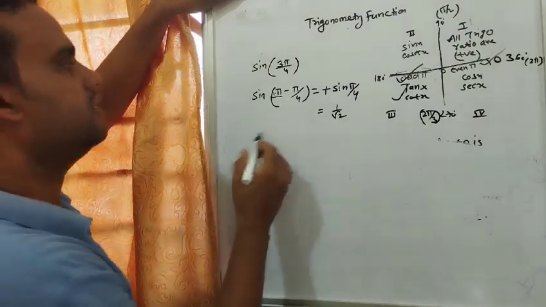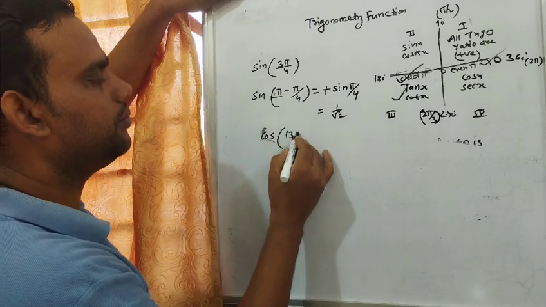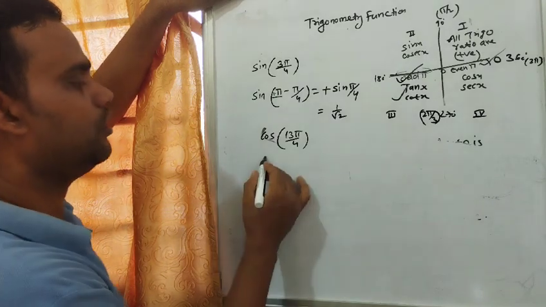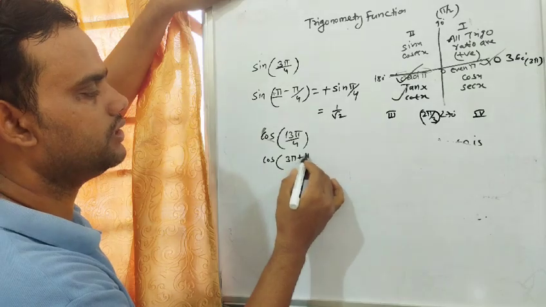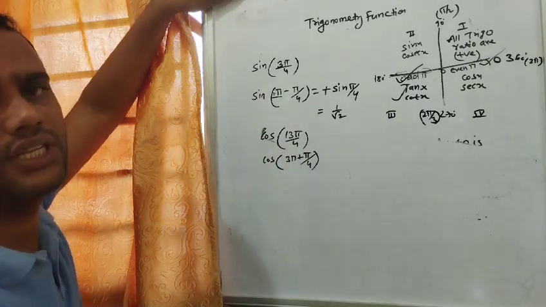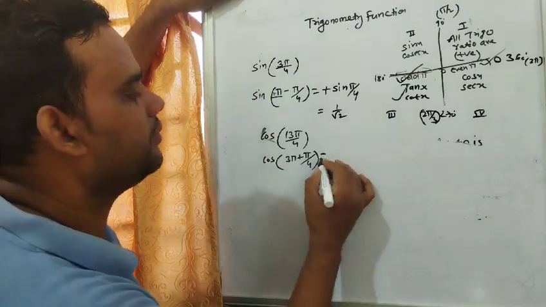Now if they ask cos 13 pi by 4, how to do it? We write this as 3 pi plus pi by 4, because 12 pi plus pi is 13 pi, so 13 pi by 4.